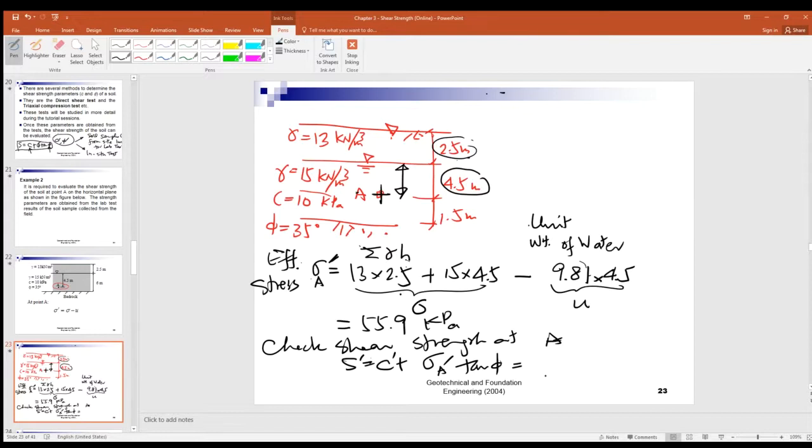So what's the C? C is 10, right? 10 plus sigma A dash tangent 35. So it gives you 49 kPa. Okay.